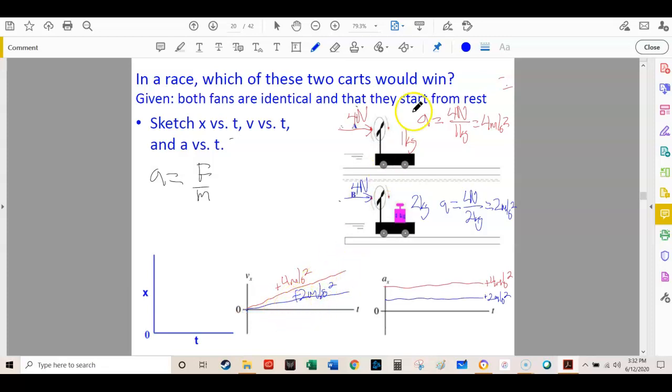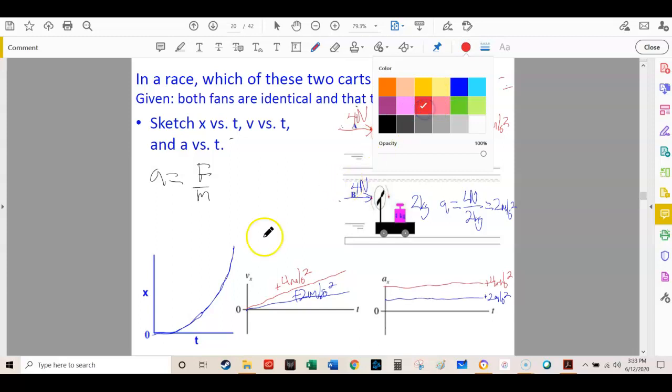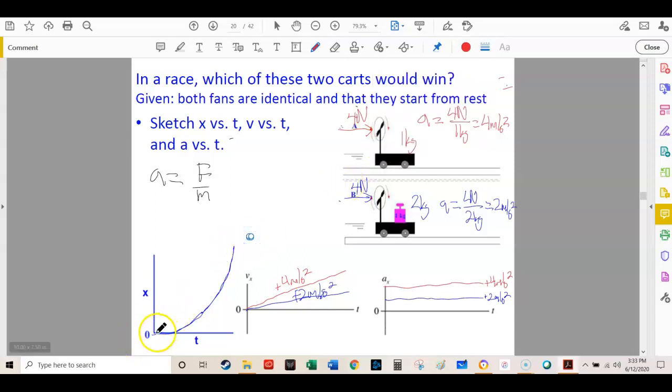Okay? And what that means is it's going to take a longer change in time. Its change in its position is going to be a lot less drawn out. And the red cart is going to be a lot steeper, I should say.